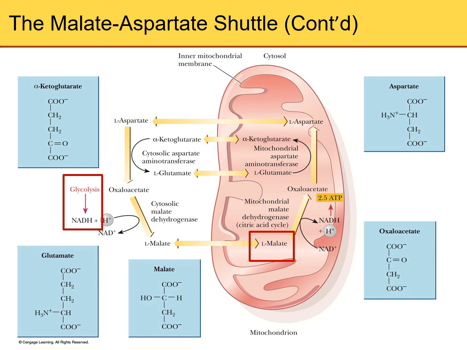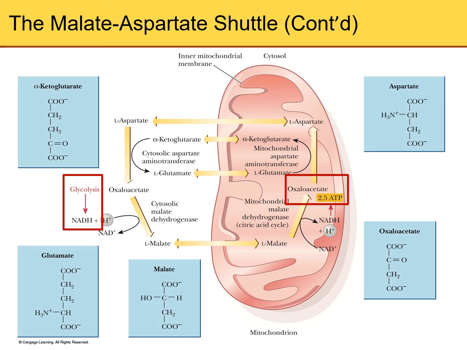So it's transported into the mitochondria, and there it donates electrons to NAD to make NADH. NADH then donates electrons to the electron transport chain and is able to make 2.5 molecules of ATP for every molecule of NADH. At the same time, oxaloacetate is going to be regenerated because malate donated its electrons.